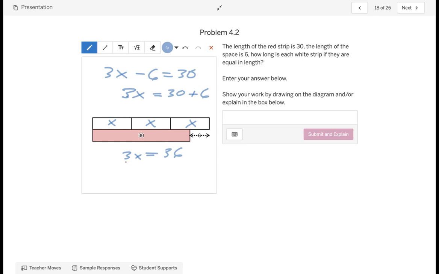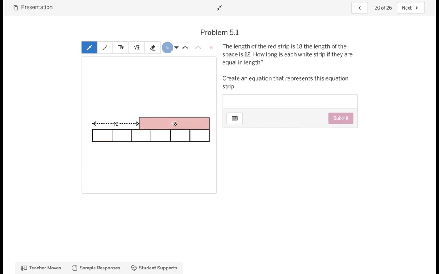And if I were to break up that 36 into 3 equal pieces, each piece would be 12. So x equals 12.